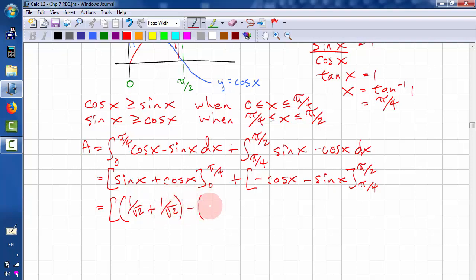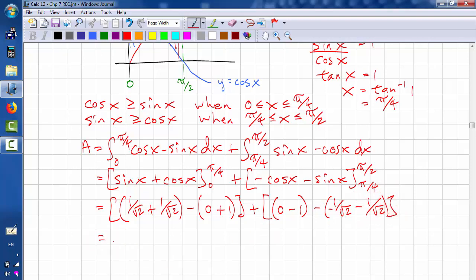minus sine of 0 is 0, cos of 0 is 1, and negative cos of pi over 2 is 0, and minus sine of pi over 2 is minus 1. And pi over 4, we already calculated that. That's 1 over root 2. That's negative, and another negative 1 over root 2.